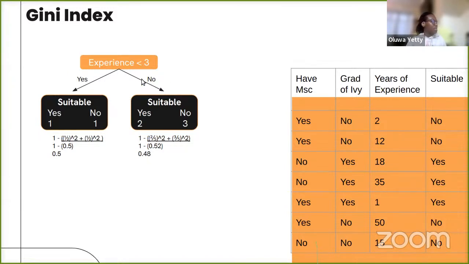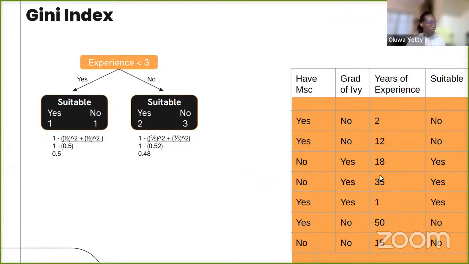When is it less than 3? Yes. And then it goes to the next feature, which is suitability. So we are going to count how many years of experience we have here. Less than 3. Is this less than 3? Yes. So we are still under this branch. The suitability is what? No. So we have 1 year. We go to the next row, less than 3. Of course, no, so we skip that.